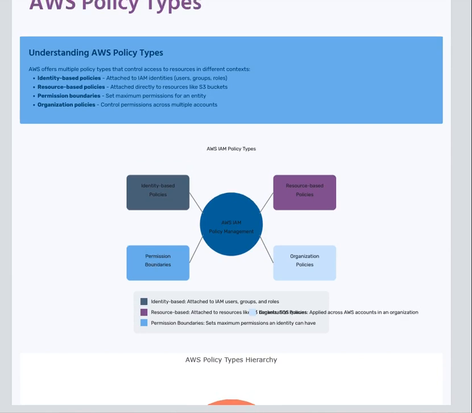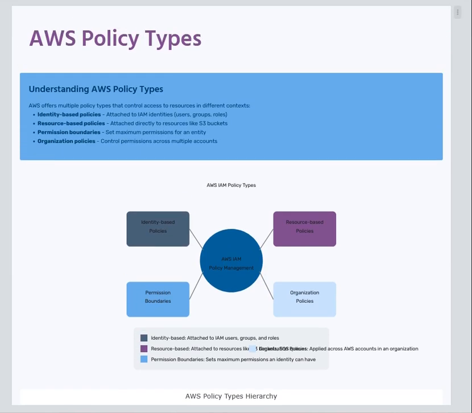All right. We are discussing further AWS policy types. Multiple policy types can control access to resources in different contexts. First is identity-based policies, then resource-based policies, and third is permission boundaries, which set the maximum permission for an entity.